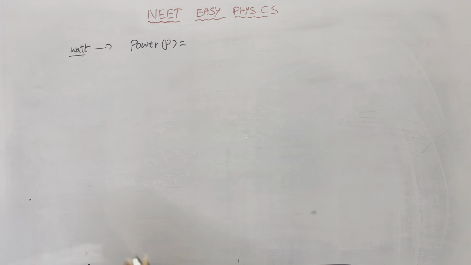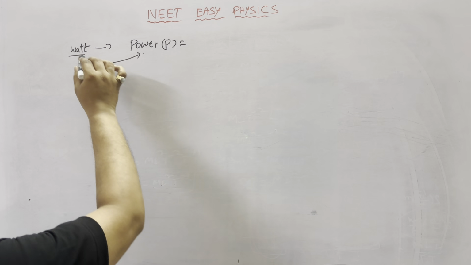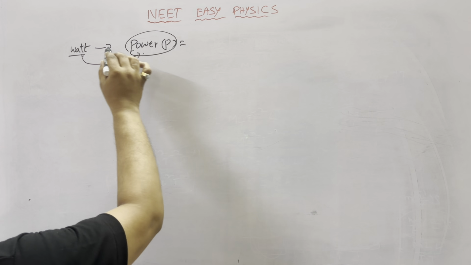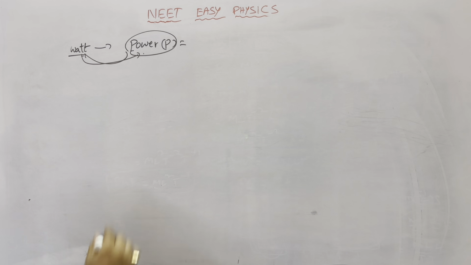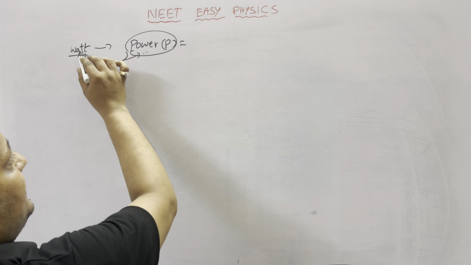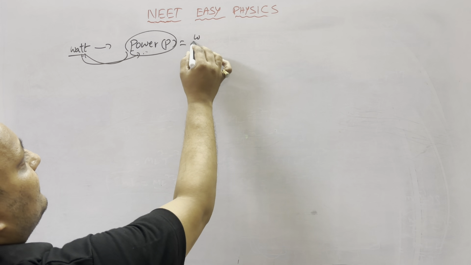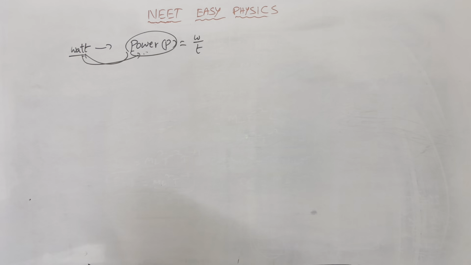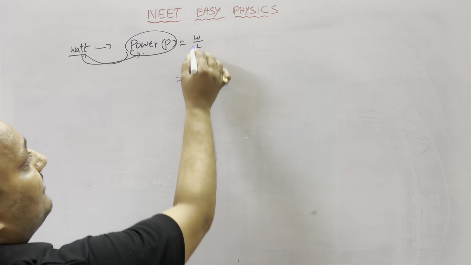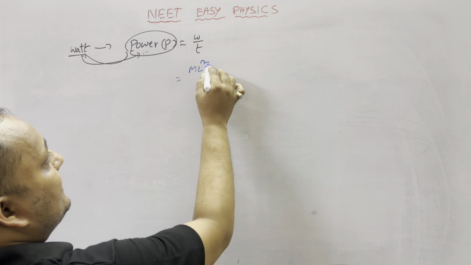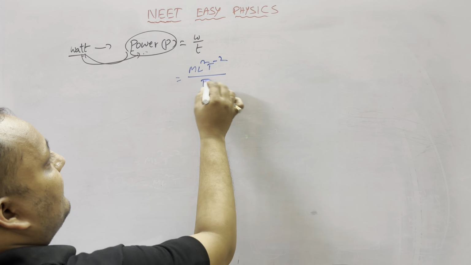Even if you know how to write it, you cannot, because you don't know. Power unit is watt. Therefore power is defined as work by time, or rate of doing work. Again, the work done dimensional formula is m L square t power minus 2 divided by t.